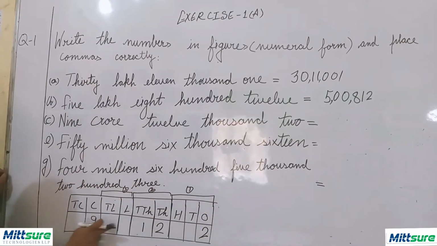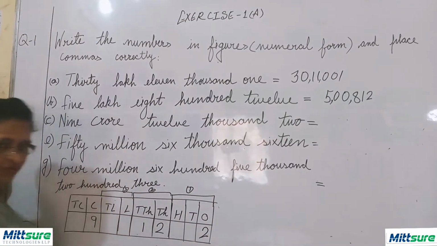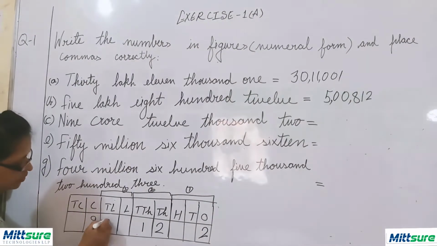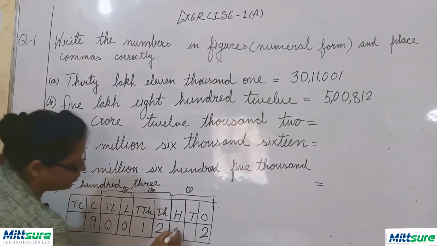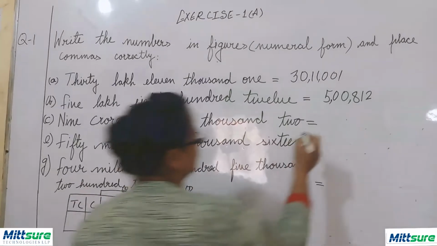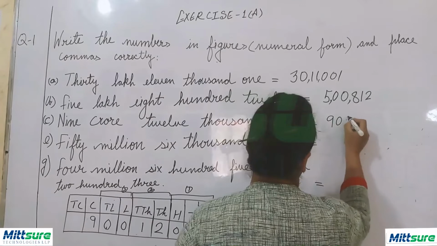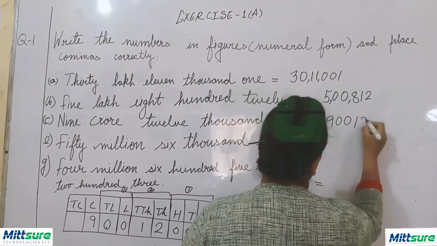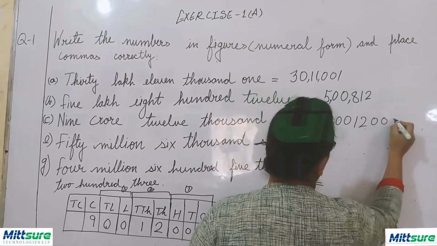We can see two places are empty here, so we will put 0 in the empty places. Now we will write the number 9 0 0 1 2 0 0 2.